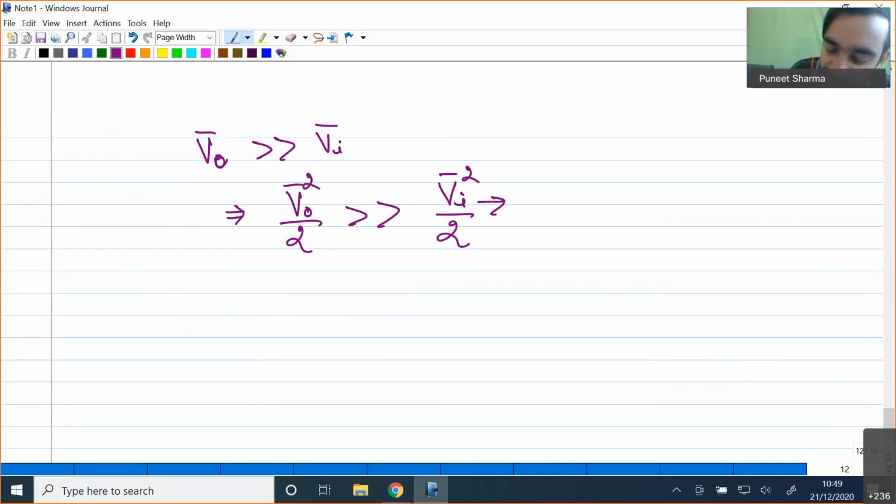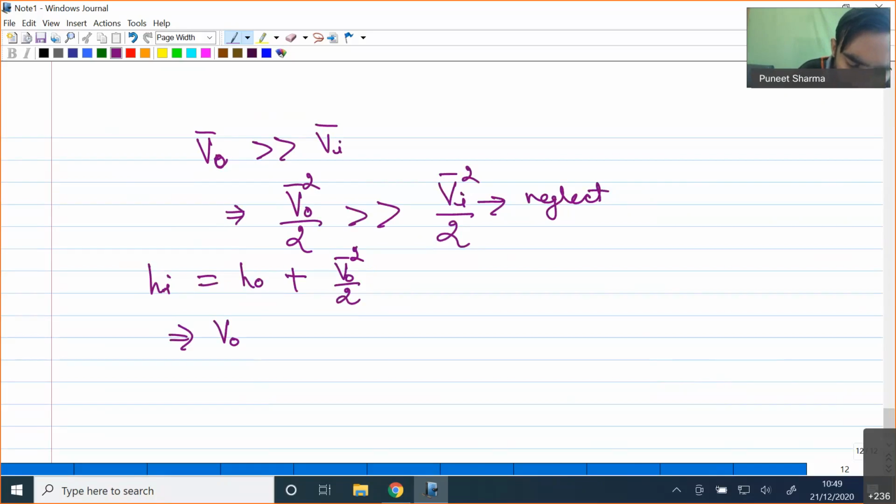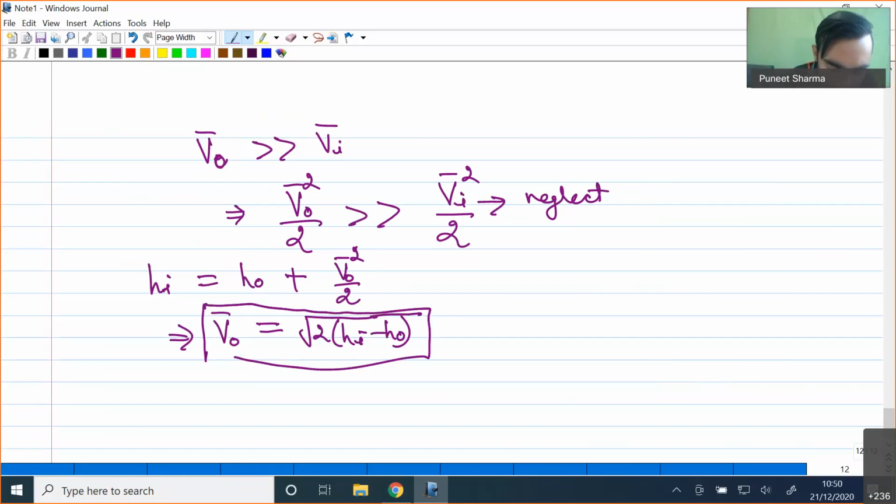Neglecting this, HI will be equal to HO plus V̄O square divided by 2. Finally, V̄O will be equal to the square root of 2 into (HI minus HO). So the change of enthalpy gives us the velocity at the exit of the nozzle.